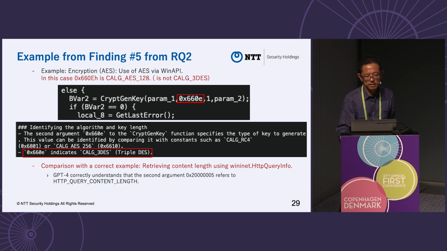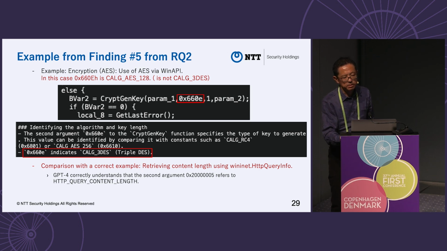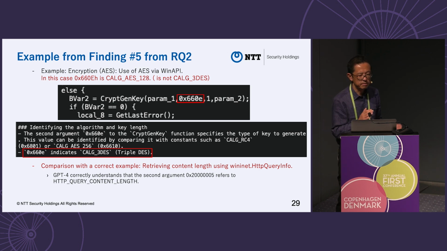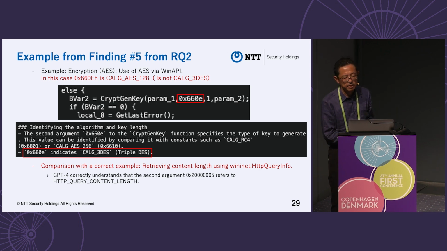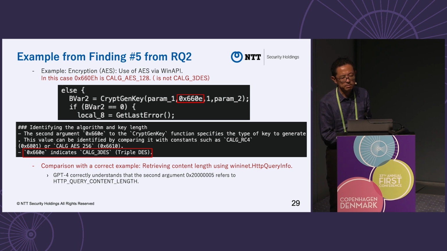Okay, I will explain the previous example result. In this code, we use the CryptGenKey API. In the CryptGenKey API, the algorithm is determined by the second argument, so the second argument is important.